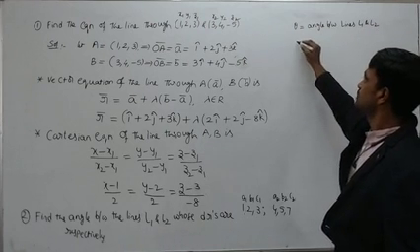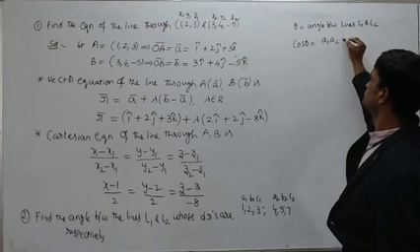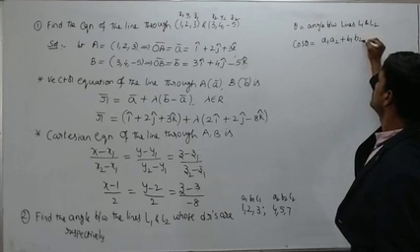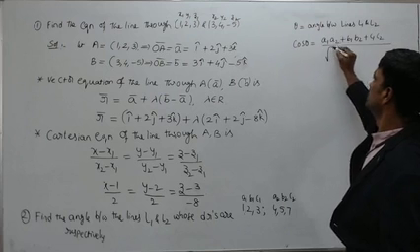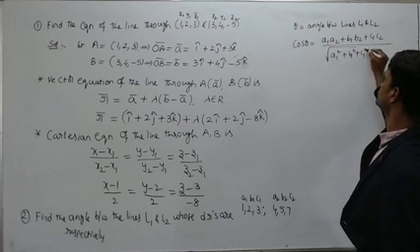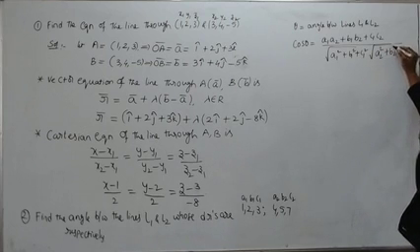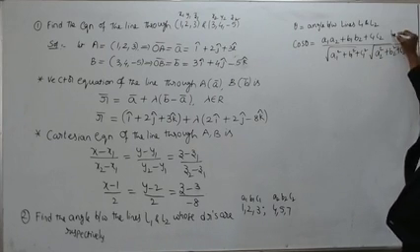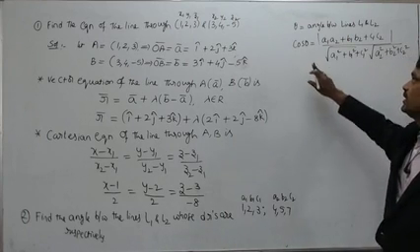So what is cos theta? Cos theta is equal to |a1 a2 plus b1 b2 plus c1 c2| by root over (a1 square plus b1 square plus c1 square) into root over (a2 square plus b2 square plus c2 square), under modulus. So why are we keeping the modulus? Because we need to find the acute angle.